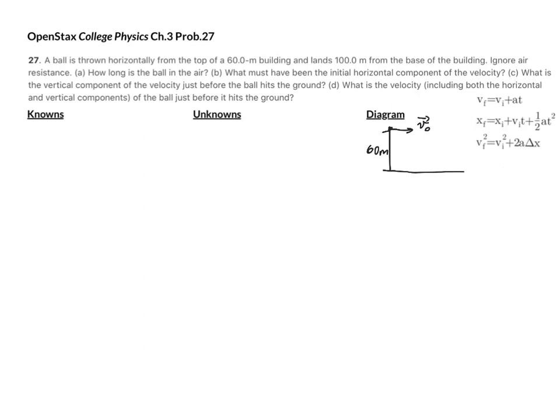As a result of this velocity, the ball will undergo projectile motion and land 100 meters away from the base of the building. So this is the information that the problem gives us.